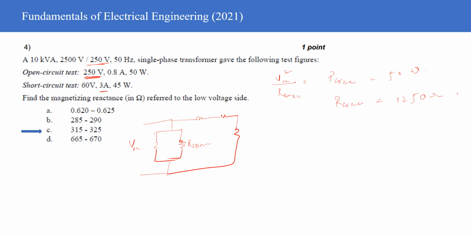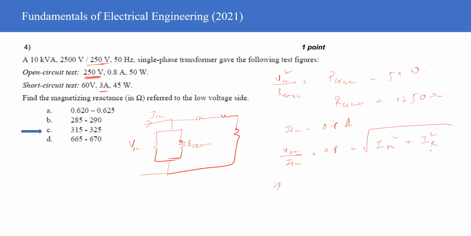Now if you have the core resistance like this, and you also know that I input is given to you as 0.8 ampere, correct? So I input, 0.8, is equal to the square root of I M square plus I R square, right?